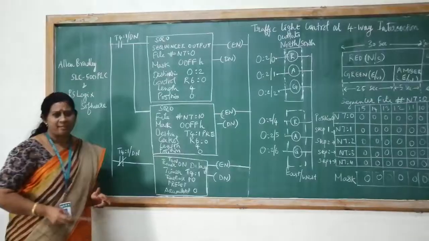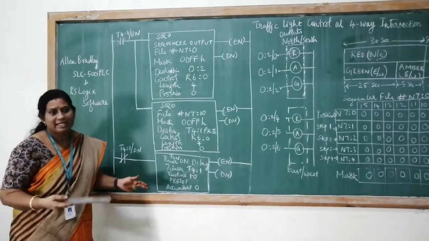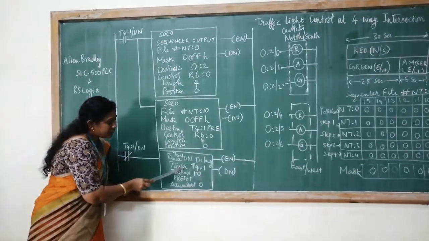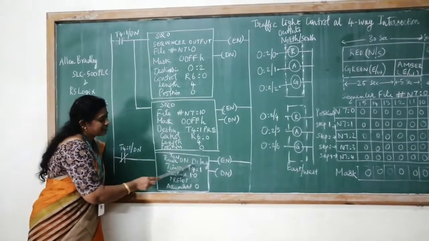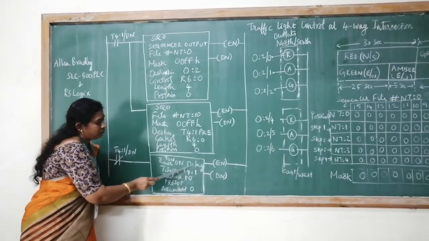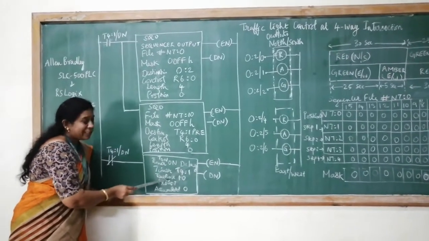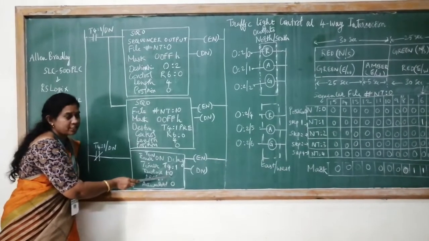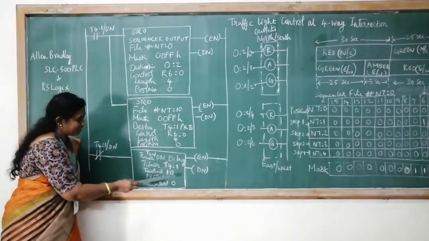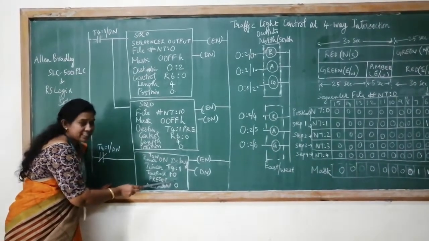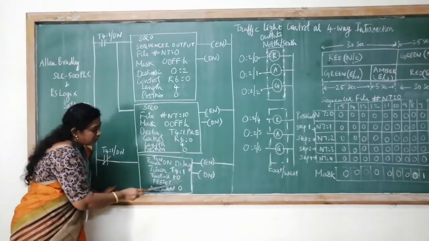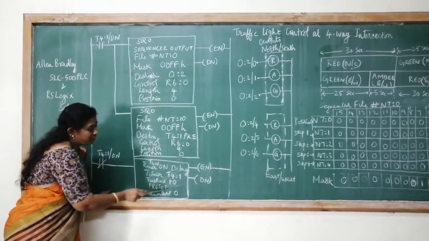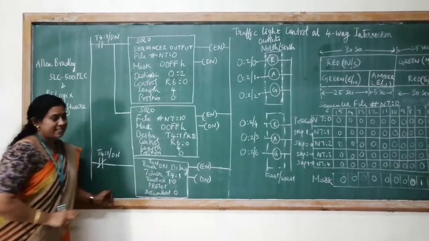Next, coming to the timer, the on delay timer, we have done it earlier in the previous classes. Anyway, I will explain: T4:1 is the timer address. Time base is 1.0, which represents a 1 second time base. Preset is the preset value. Whatever is available in this sequencer file will be loaded in this preset.